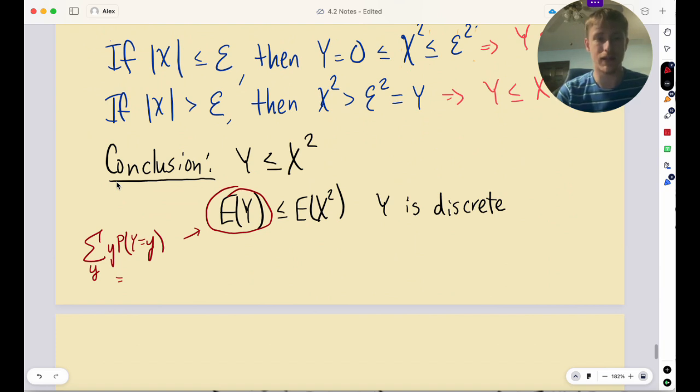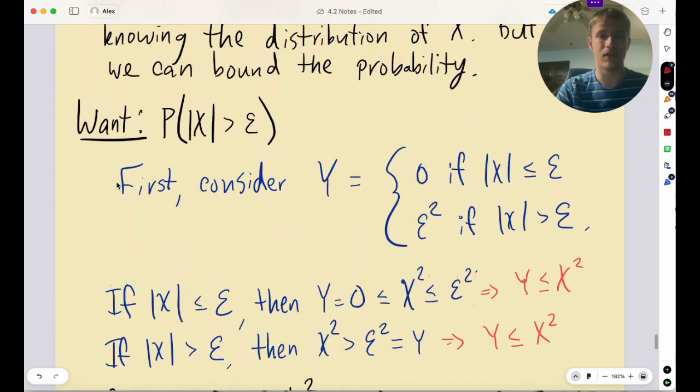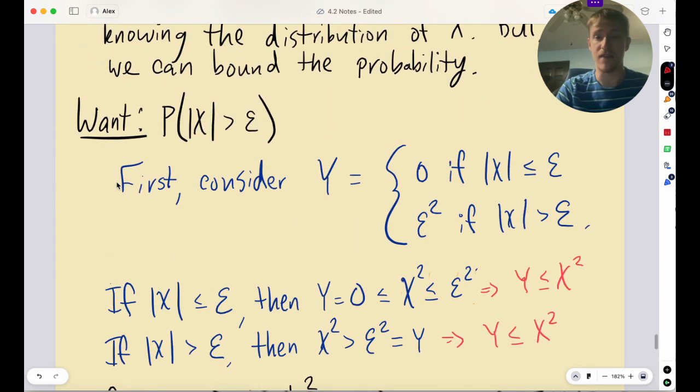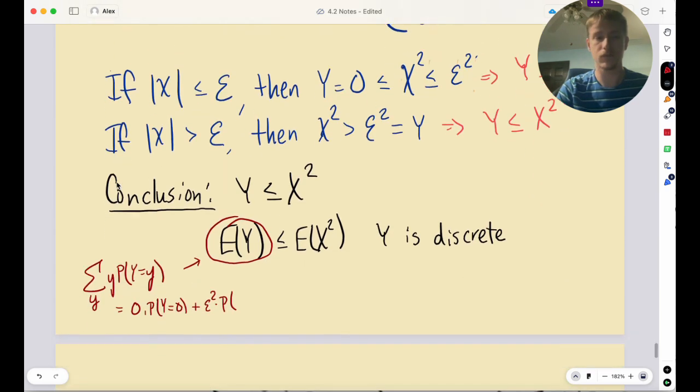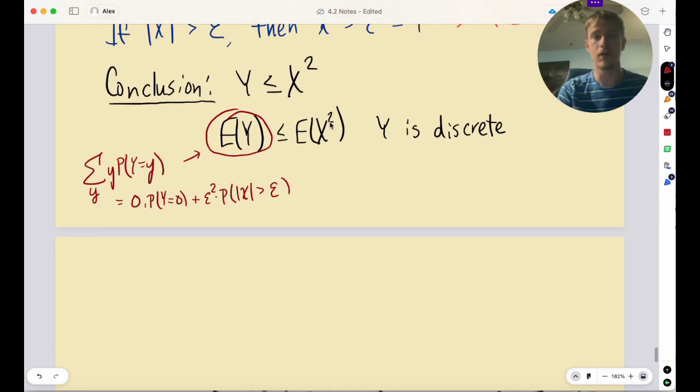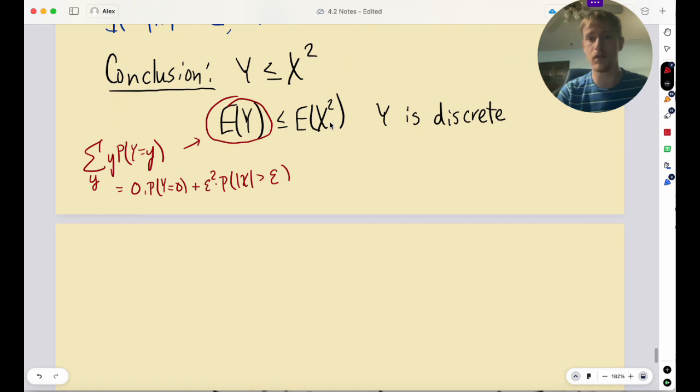So it's 0, who cares? And it's epsilon squared if the absolute value of x is greater than epsilon. So this is the probability that the absolute value of x is greater than epsilon. But that's interesting. Isn't that exactly what we wanted?